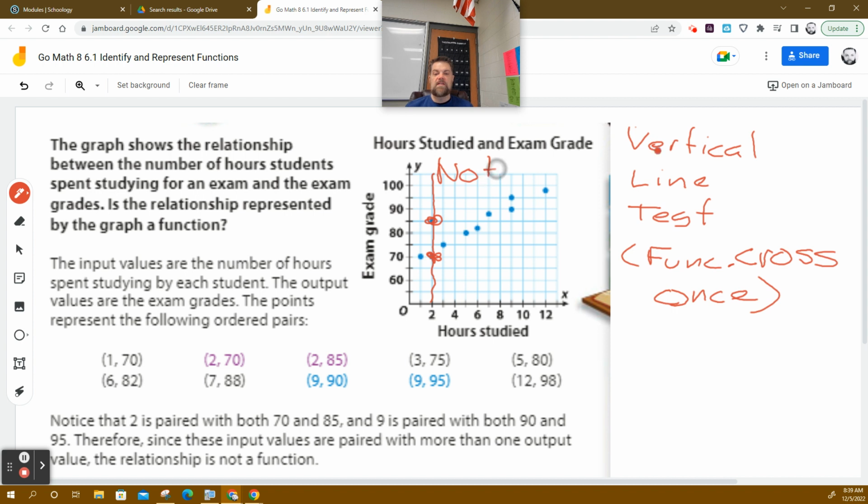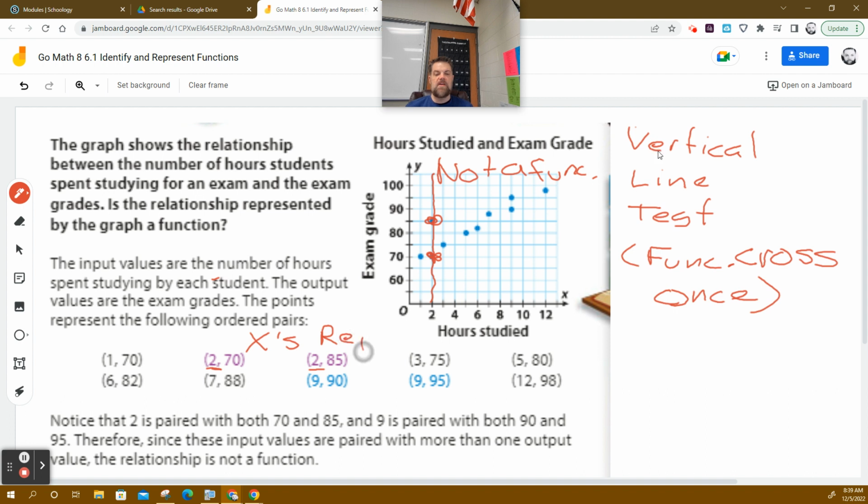But here's the other thing they're trying to teach you. They said the input values are the number of hours spent studying by each student, and then they map the output values, or the exam grades. If you notice, when x equals 2, the x's repeat. And notice when x equals 2, it crosses the vertical line twice.